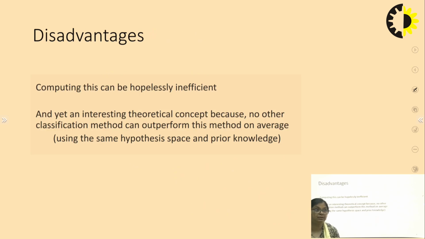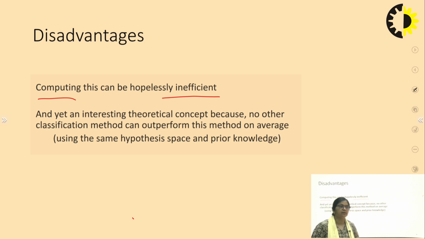To be noted, it is a very good method. It always gives us the optimal solution. But what is the disadvantage of the Bayes optimal classifier? By the name it is clear that it gives us the optimal, the best result. The problem is that the computation is too inefficient.